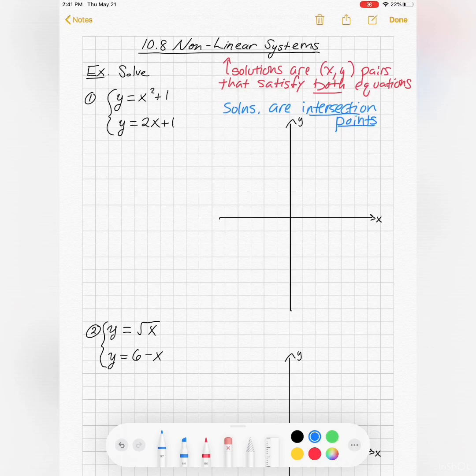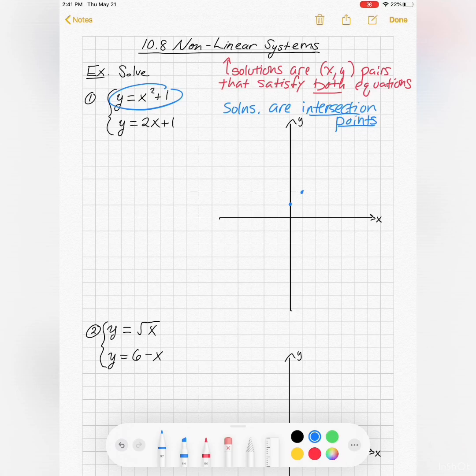As far as ideas for how to solve a system of equations, one thought would be, what if I just graphed the two equations? For this problem, that's pretty simple to do. So let me graph number one here. That's a parabola, shifted up one. If I plug in 0, I get 1. If I plug in 1, I get 2.